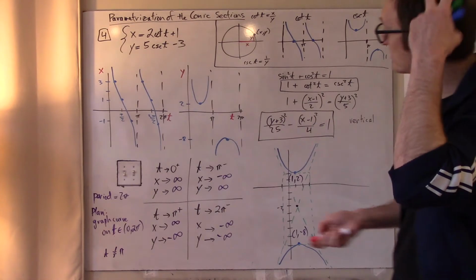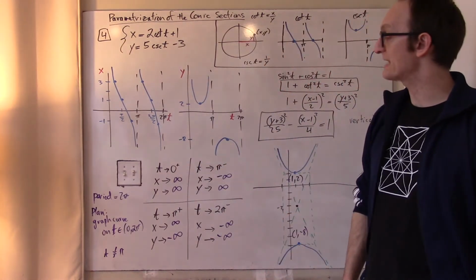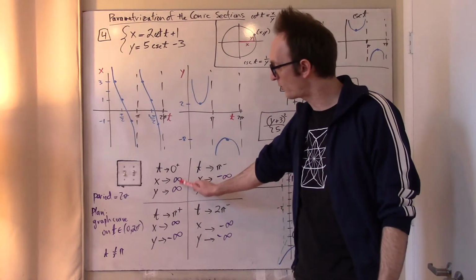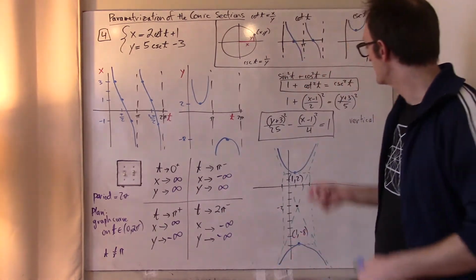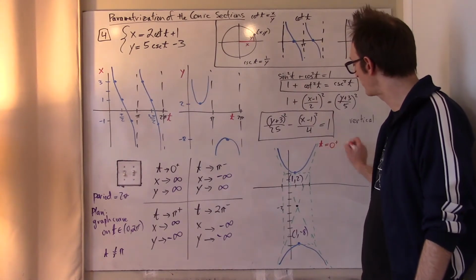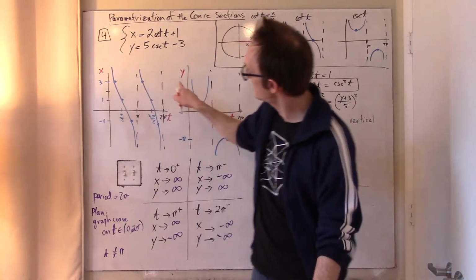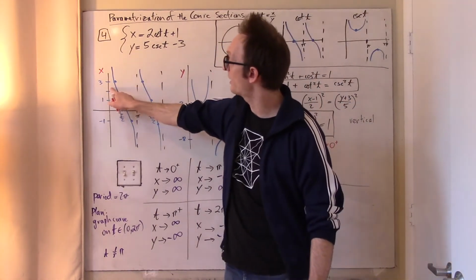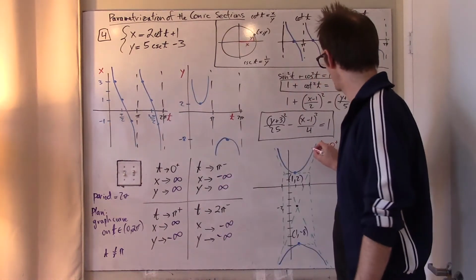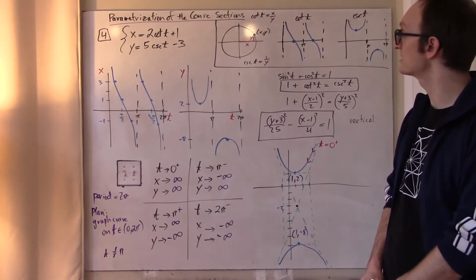And for that, I consult my preparatory work, in which I saw that when t is a tiny positive number, both the x and y coordinates will be off at infinity. So that must mean that I am out here at t equals 0 plus. And in fact, we can see that both my x and y coordinates are getting smaller as I move from 0 to pi over 2. So I'm going down, down, down, x and y coordinates getting smaller.